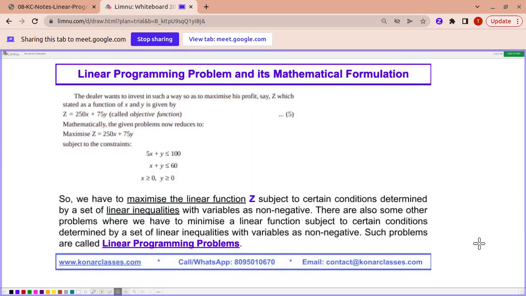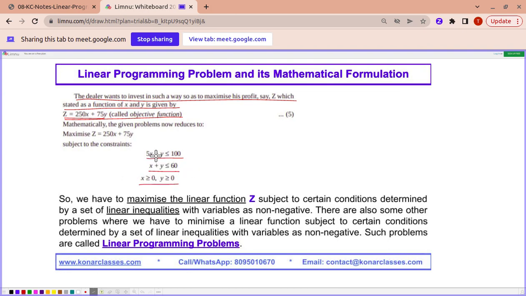So, let me repeat once more. The dealer wants to invest in such a way as to maximize the profit, say z, stated as a function of x and y given by z equal to 250x plus 75y, that is the objective function, subject to the constraints 5x plus y less than or equal to 100, x plus y less than or equal to 60, and x and y both greater than or equal to 0.